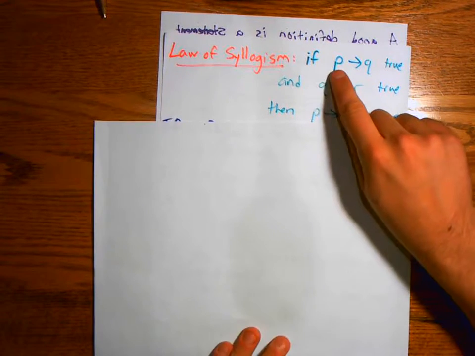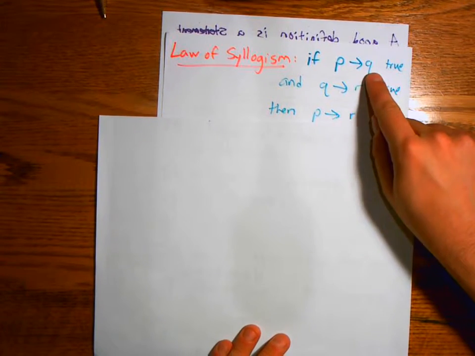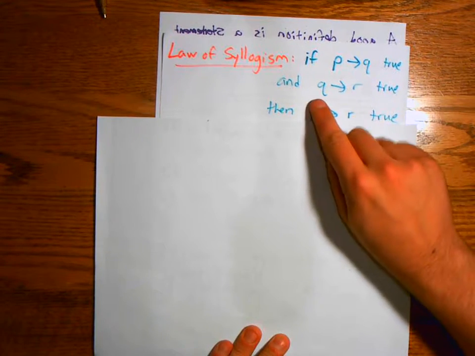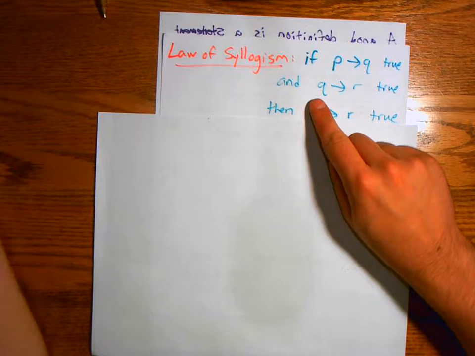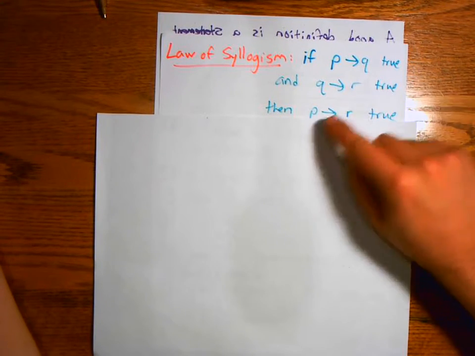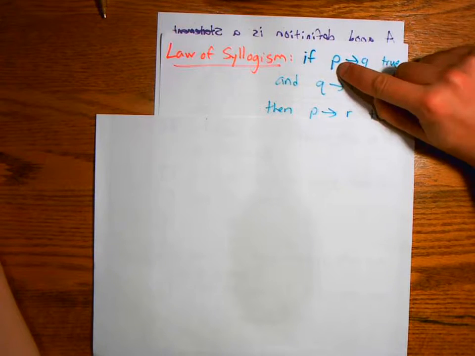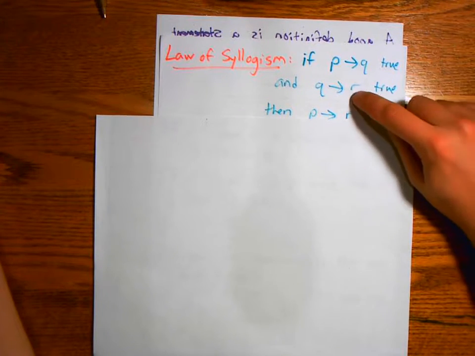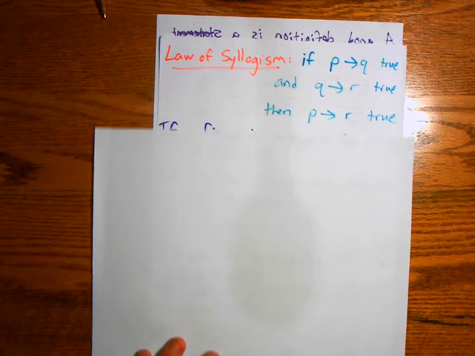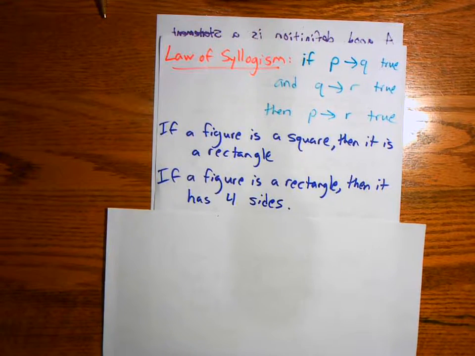So you have a hypothesis to conclusion in one statement. Then you have another conditional statement where the conclusion of the first one is now the hypothesis of the next one, and you have a new conclusion that is also true. That must mean the hypothesis of your original conditional statement and the conclusion of your second statement is true. Let's take a look at an example.